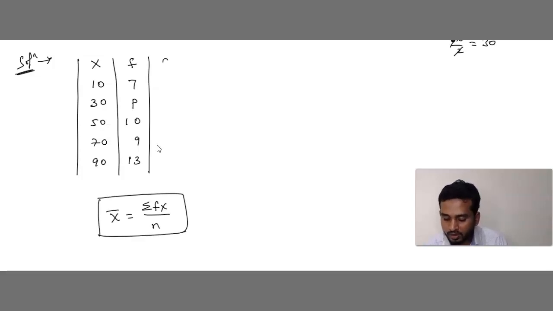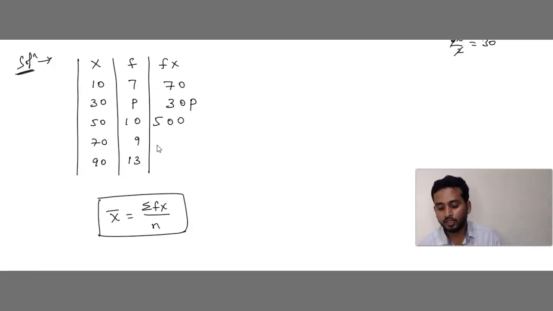Shall we multiply fx? 10 sevens are 70, 30 into p, that's 30p, 50 tens are 500, 70 into 9 is 630, and next 90 into 13 is 1170.